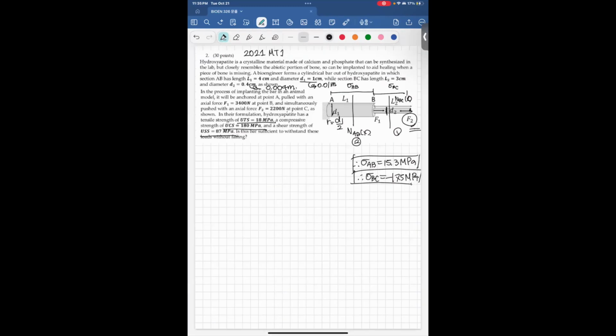What I like to do personally is to compare the maximum and minimum stresses, meaning that the stress max, if there's positive and negative, is going to be positive, and the positive stress is tensile stress.